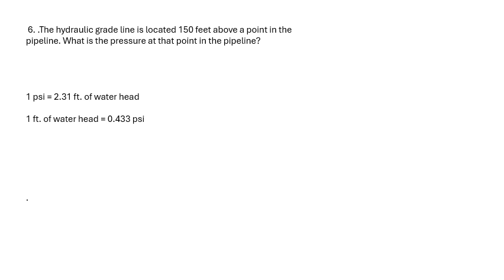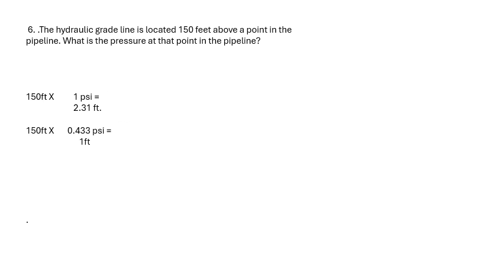Again, we're looking for pressure, so you're going to set them up to cancel out feet. 150 feet divided by 2.31 feet to cancel out the feet, leave you with PSI, 150 feet times 0.433 per foot. You cancel out again, 64.93 PSI or 64.95 PSI, which will both round to 65 PSI.